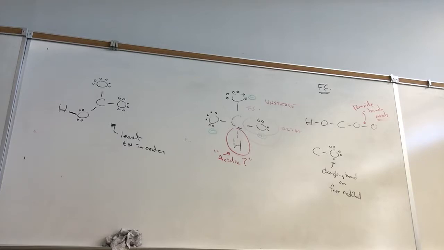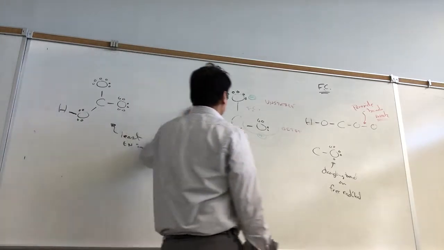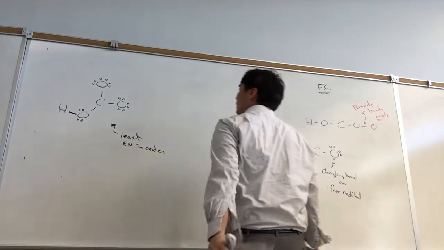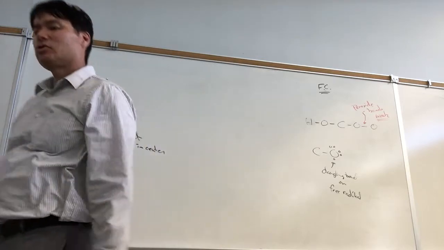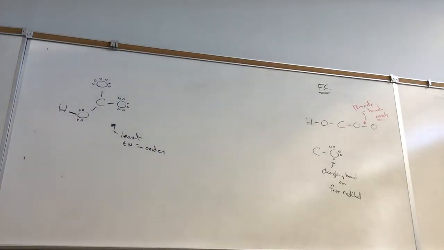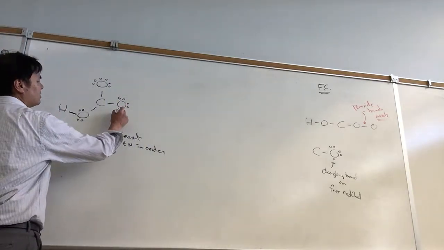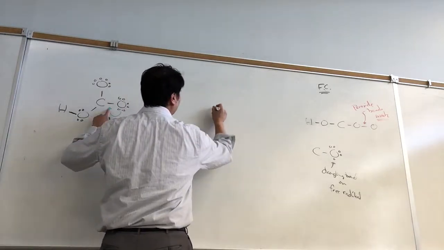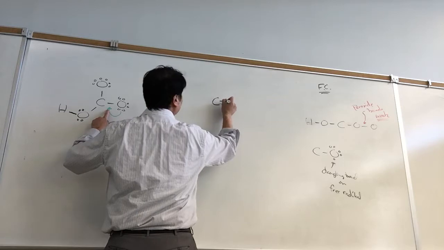But there's a problem with this structure. What's the problem? The carbon doesn't have an octet. And so we can make an octet. The way we make an octet is just drop a lone pair into a bond. So you just pick any of these lone pairs, this for example. If we do that, then we can get an octet here.